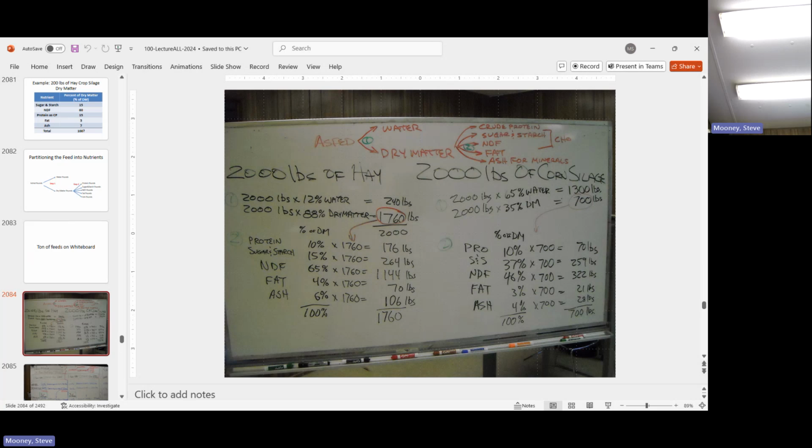How do we do that? We take that 2,000 pounds of as-fed and multiply it by 0.12, and that gives us the pounds of water in that pile of hay. So we're probably looking at 3 big square bales. How much water is there?